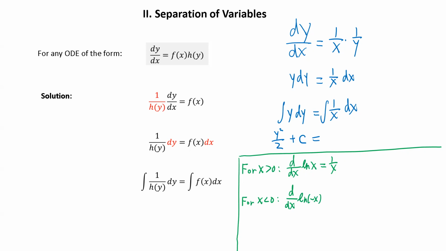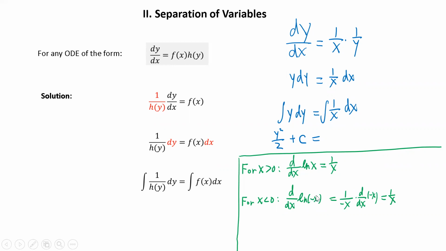If I apply the chain rule, it would be 1 over minus x times d/dx of minus x, and this would be, again, 1 over x.